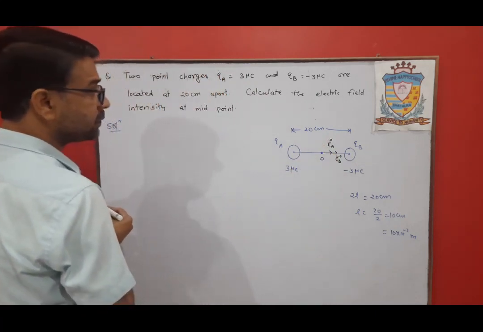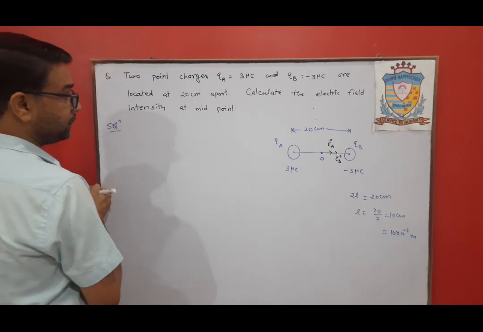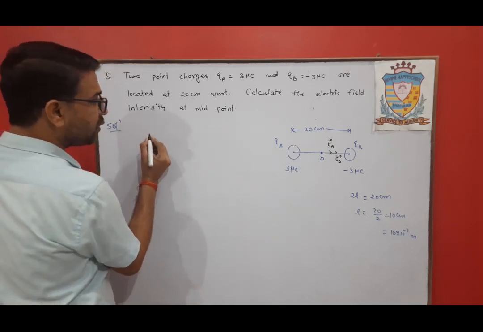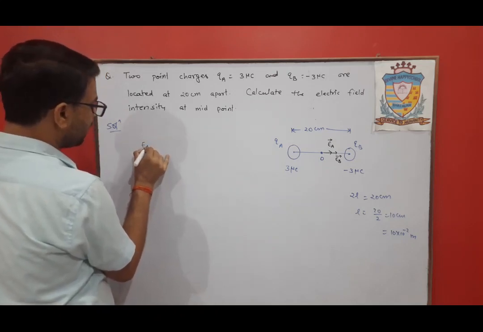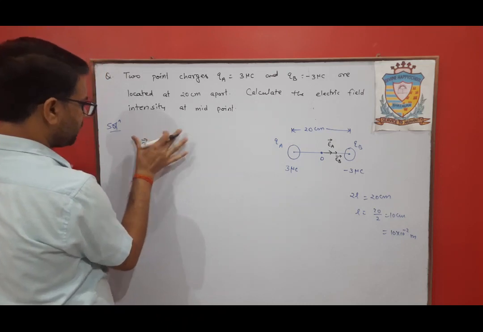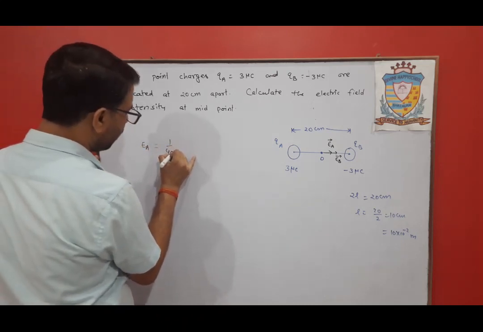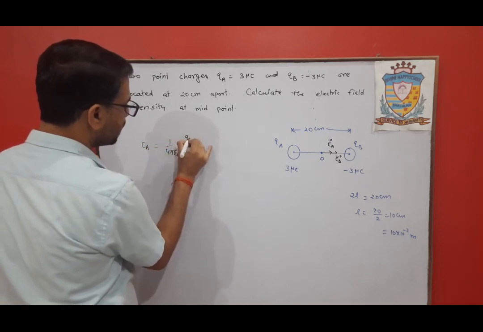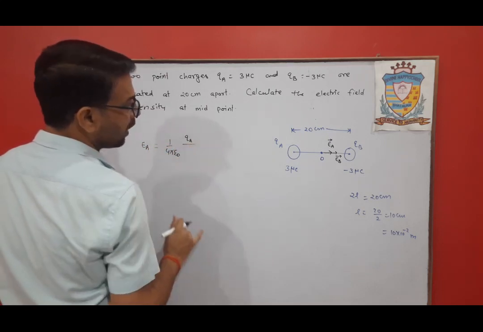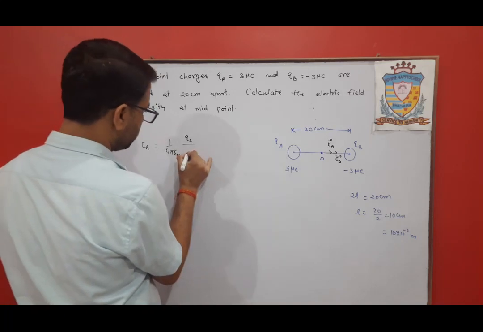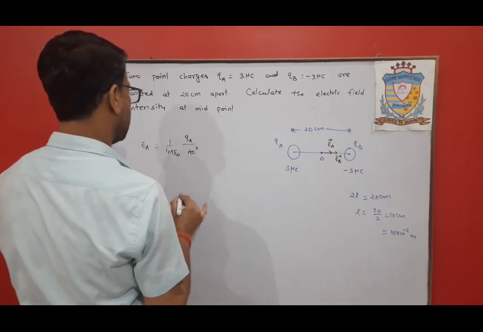Now, first we will calculate EA and EB. So the value of EA, or simply we will calculate the magnitude, is 1 upon 4 pi epsilon naught, QA upon AO square.